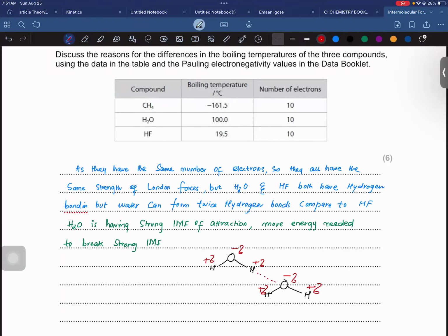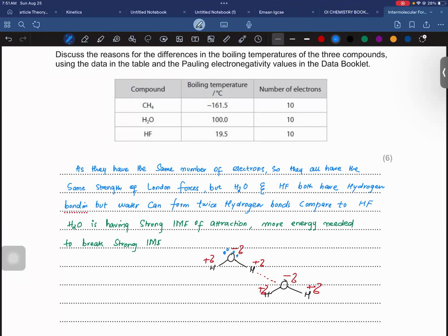Since oxygen has two lone pairs, if you draw the dot and cross diagram, that's why I can say that water can form two hydrogen bonds, but HF can only form one hydrogen bond. So that's why water has the higher boiling temperature.